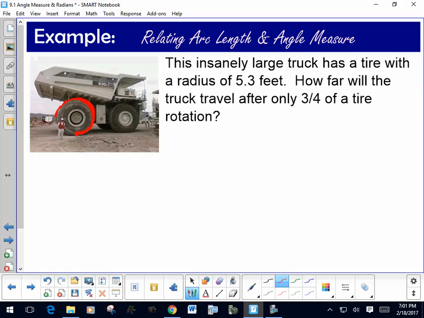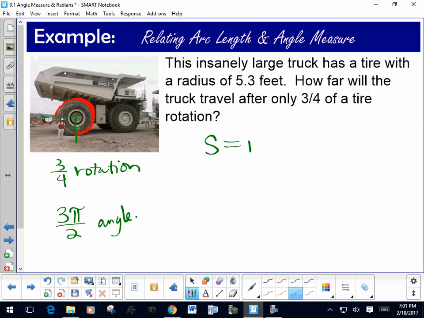So we've got our tire turning 3/4 of a turn, 3/4 of a rotation. In radians, 3/4 of a rotation is the angle 3 pi over 2. So that's our angle. In radians, the arc length formula tells me that the arc length is equal to r times theta.